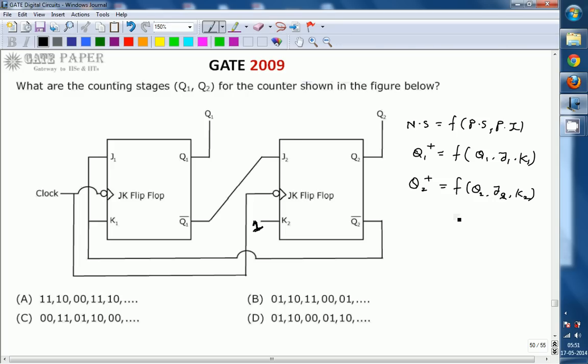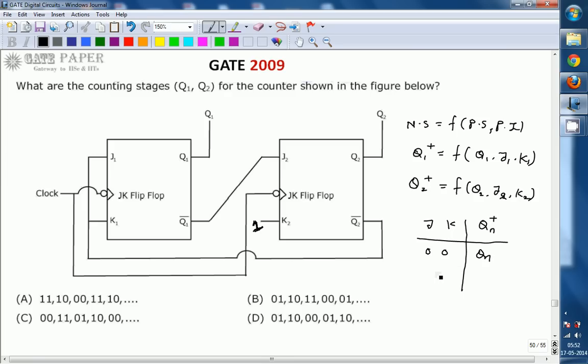Along with this we must know the JK flip-flop truth table. The JK flip-flop truth table is for what values of JK what will be the next state. So let us assume J and K are inputs and Qn plus 1 is the next state of the flip-flop. Whenever JK are 0 0, it will maintain the same next state as the present state.